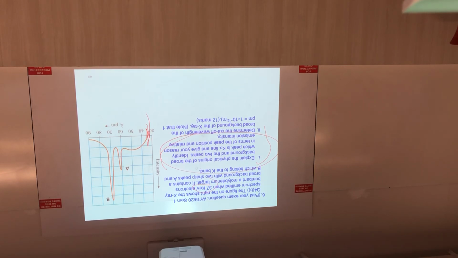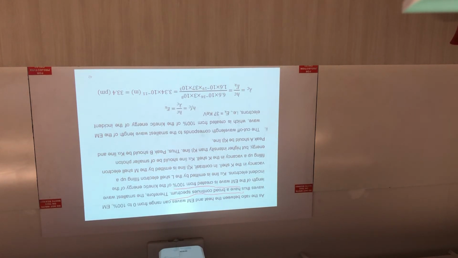At this point, the electron has just been incident on the matter, so the very high kinetic energy is converted. Then the smallest wavelength of the EM wave is created from 100% of the kinetic energy of this incident electron.